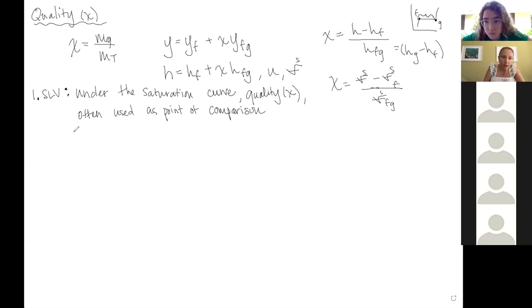So these are table A4, A5 for water. And for the superheated tables, I believe it's A12, A13. Yeah. So it's A11 and A12 for refrigerant.